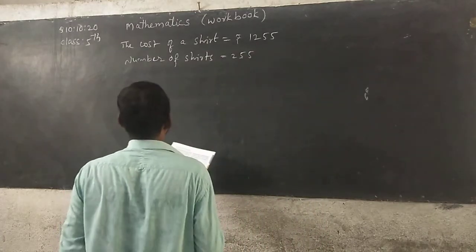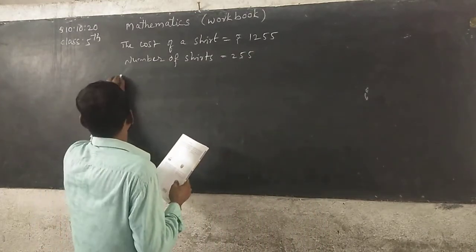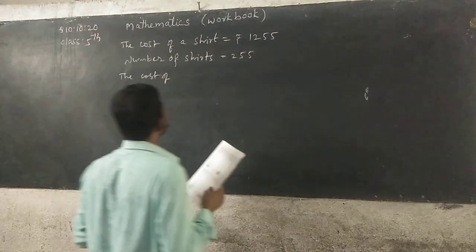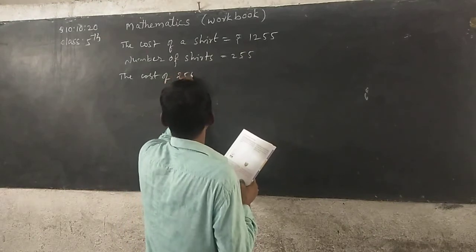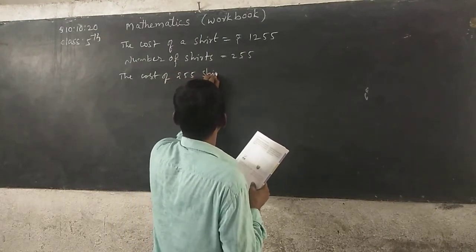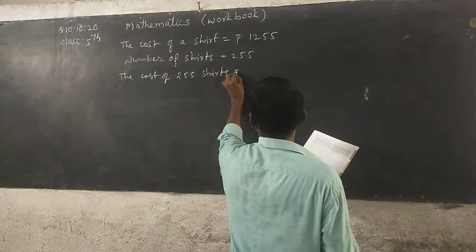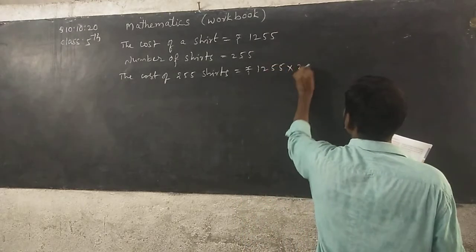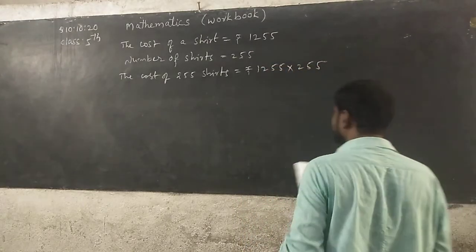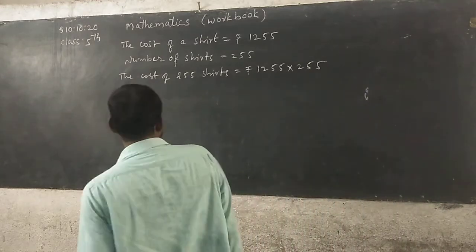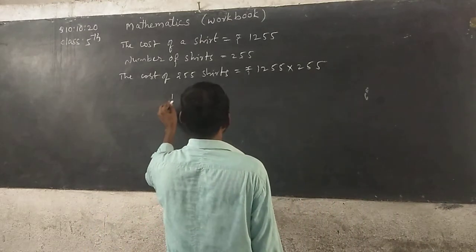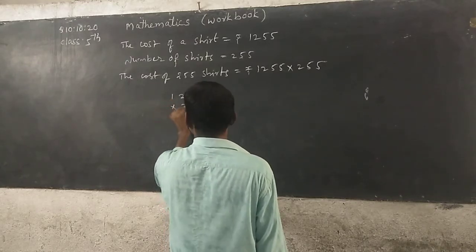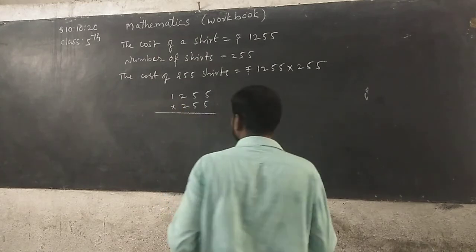The cost of 255 shirts is equal to 1255 into 255. See here, 1255 into 255. Next, five times table.